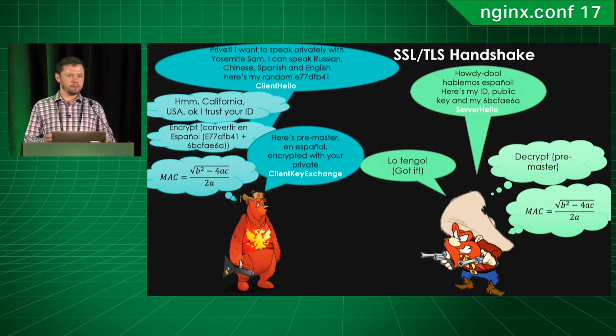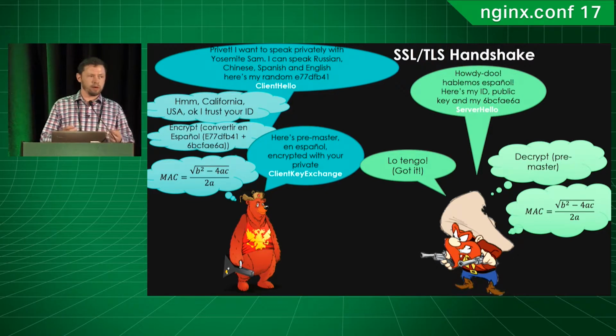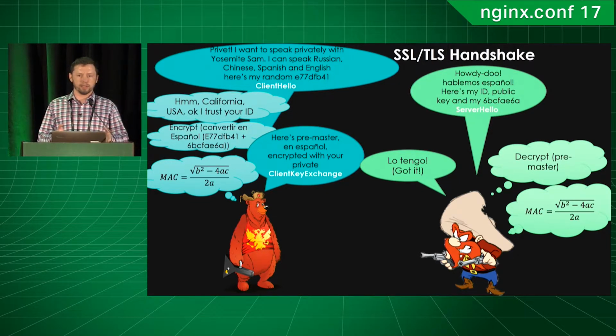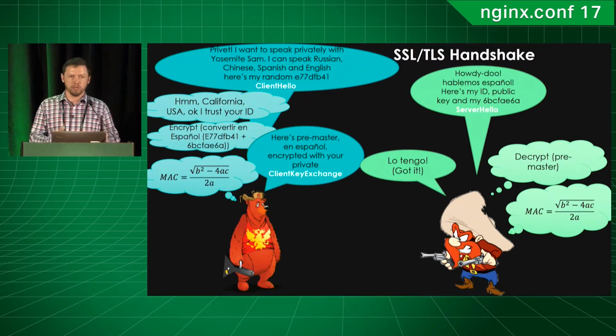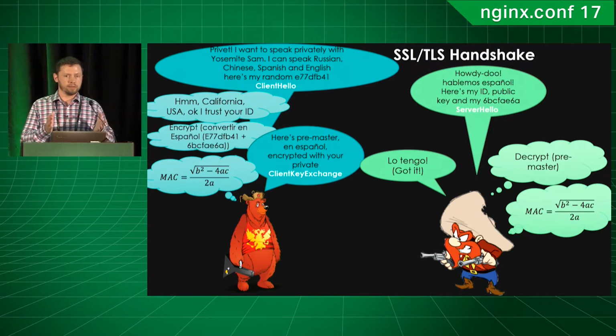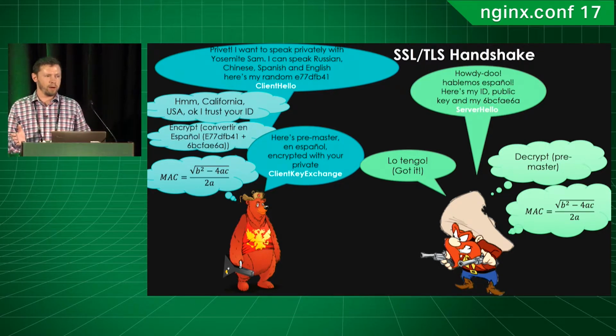So after the keys are exchanged, we have one encryption key that was never sent in clear text or basically obfuscated over the wire.